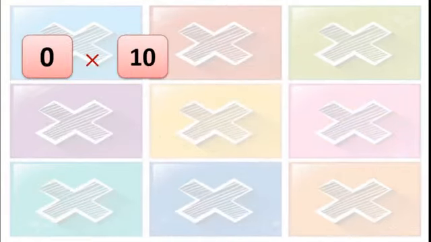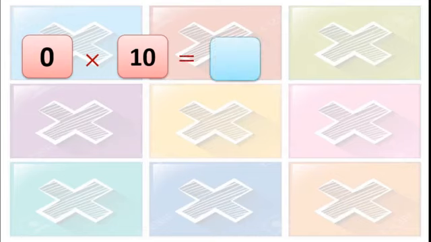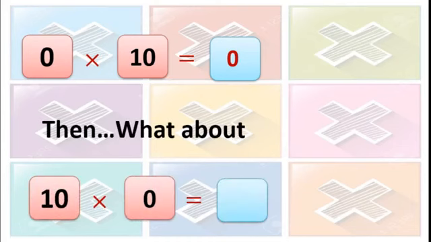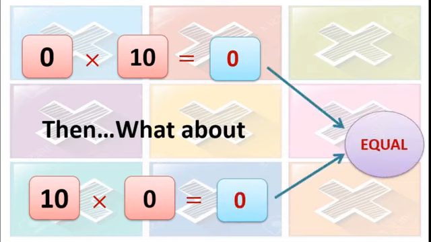Zero multiplied by 10 is equal to how much? 0. Then what about 10 multiplied by 0? That is also 0. Both products are equal. Remember students, when we multiply any number by 0, we get the answer 0.